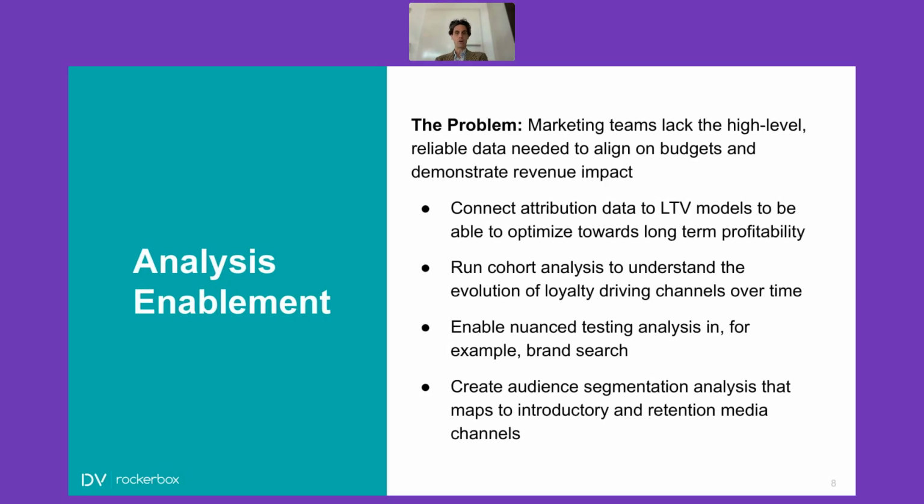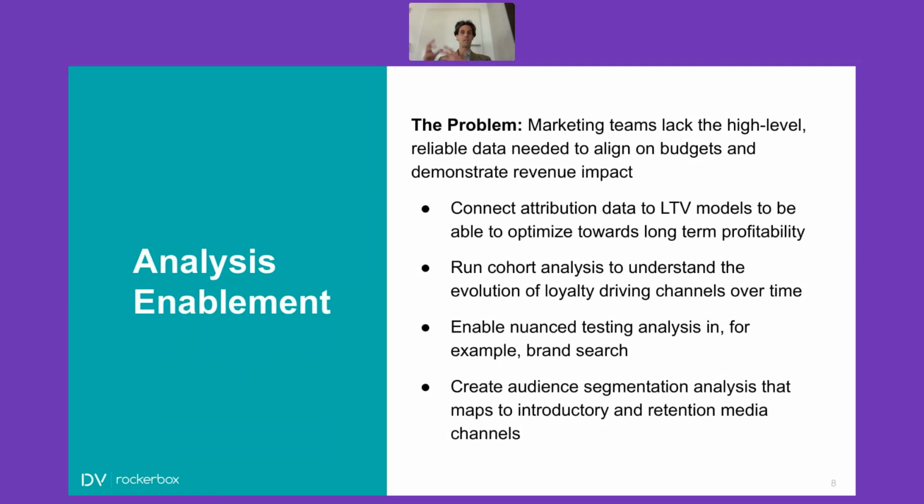Second is cohort analysis. This is very much related to LTV in the sense that what we're trying to unpick here is, for customers who became customers for the first time, let's say last year versus a year before that versus a year before that, has there been any evolution over time in how loyal they are?